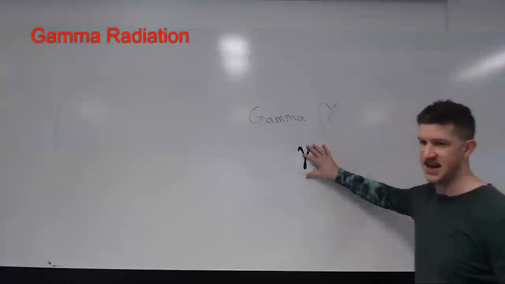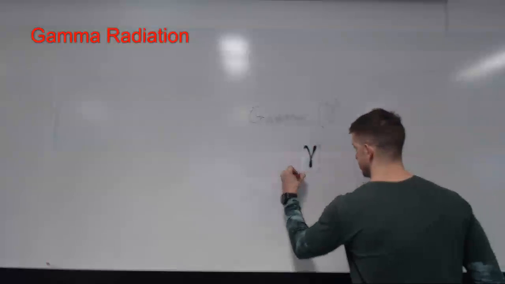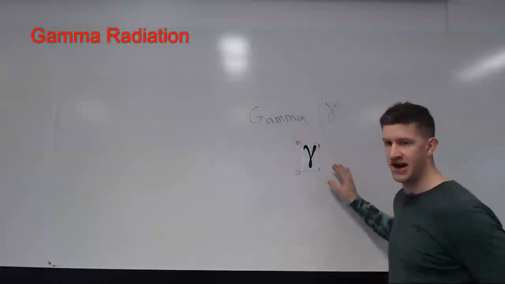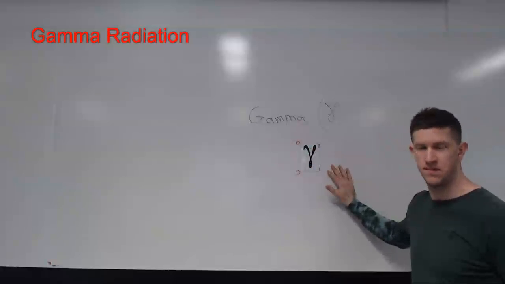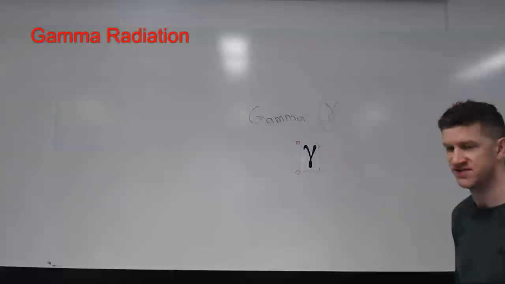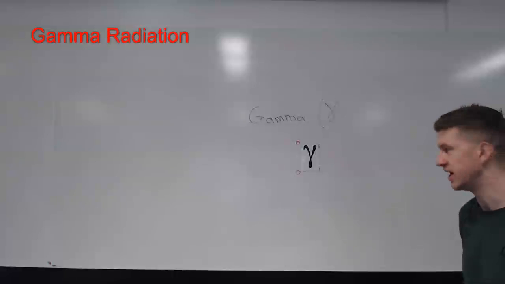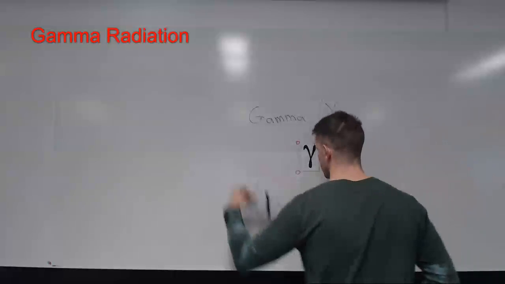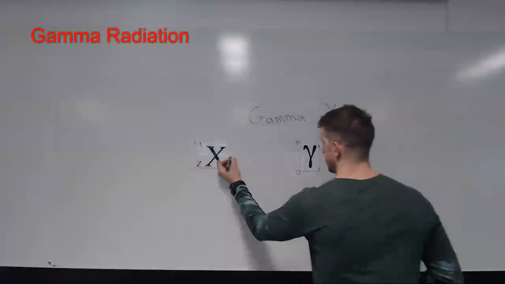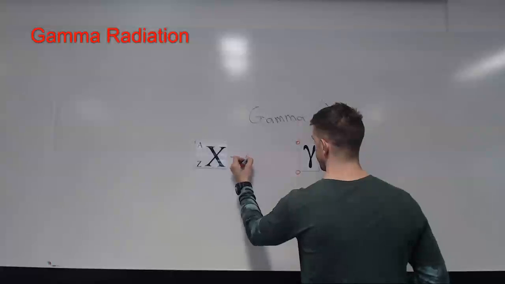Because of the fact that it's energy, it has a 0, 0, which means it's virtually high energy light. And as a result of it being light, it moves at the speed of light. So gamma radiation travels as fast as the speed of light. It's very, very quick. If we look at a reaction or an equation, I start with my mystery element X. It will then decay into what?